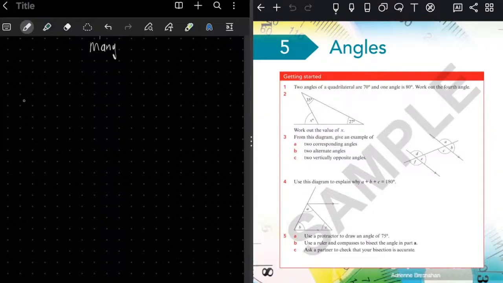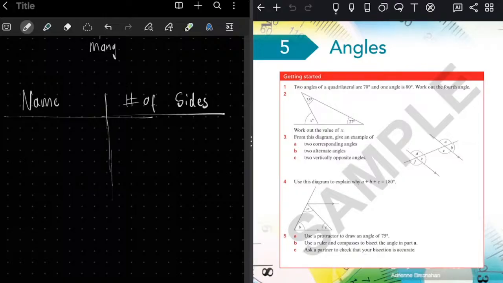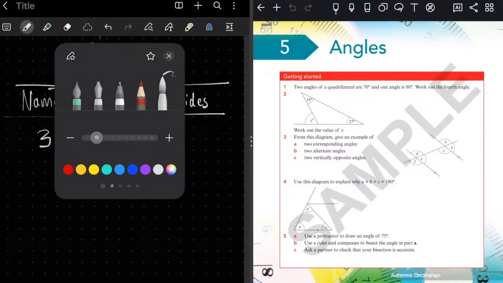So here I'll say name. Then here I'll tell you the number of sides. So all these are polygons that we are about to learn. What name do you give to a polygon that has 3 sides? It's still a polygon because it has a lot of sides, but it also has a name.